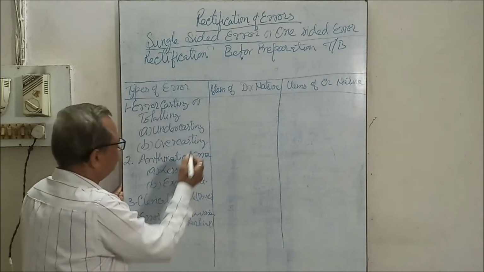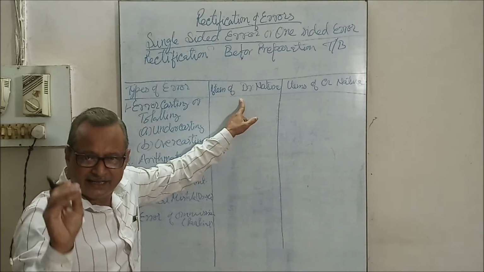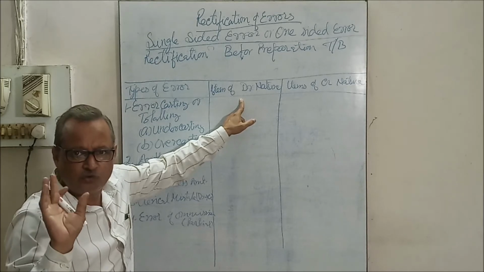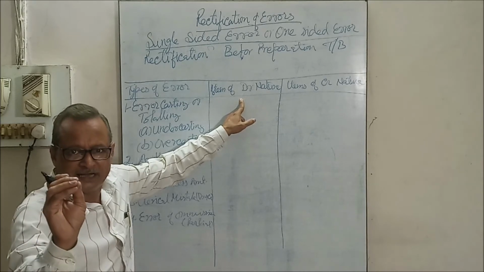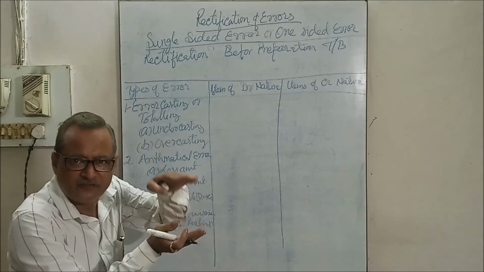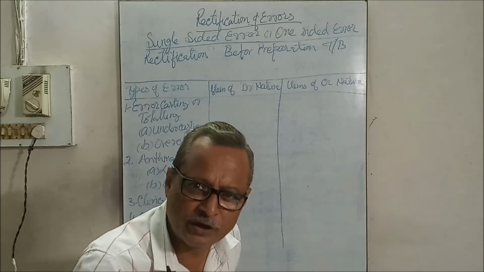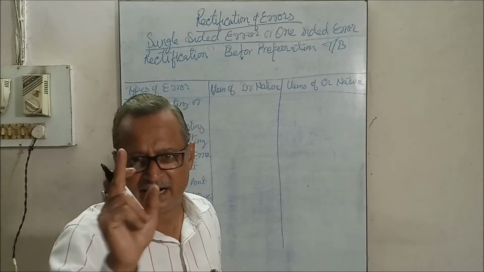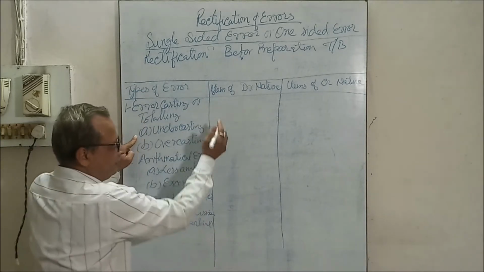Then see, undercasting, debit item, debit nature item, meaning either in the purchase book or purchase account, sales return account, any debtors account, expenses account. In the purchase book, the total of the purchase book is undercasted, and that total amount of purchase book is transferred to the purchase account on the debit side, and it will mismatch the trial balance. So for undercasting, you have to correct the debit side, debit nature.